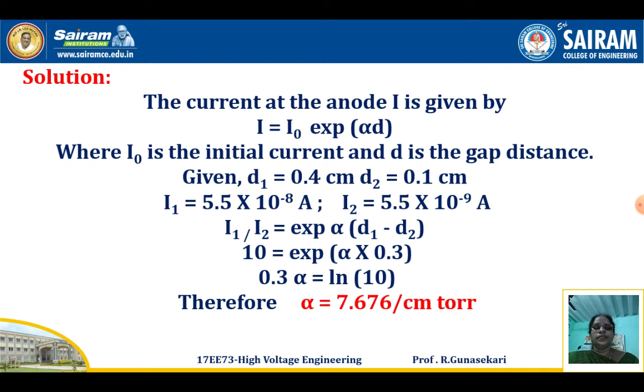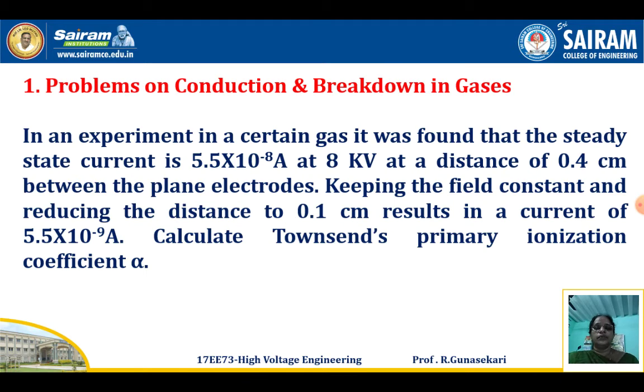The given data is d1 = 0.4 centimeter and d2 = 0.1 centimeter. The two distances are given here. First, the current is 5.5 × 10^-8 at 8 kV, and the distance is 0.4 centimeter between the plane electrodes.